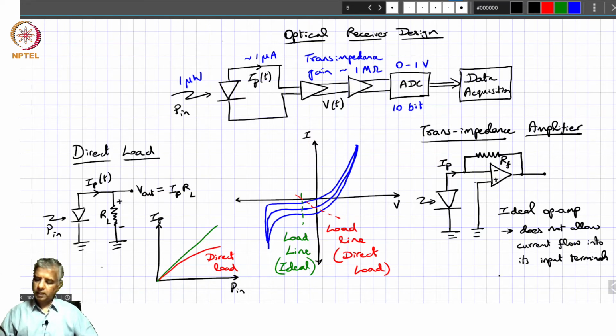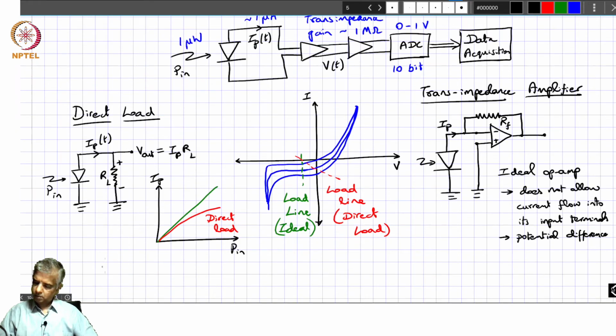The other property of an ideal op amp is that when you look at the potential difference between the two input terminals, the potential difference across input terminals is 0.